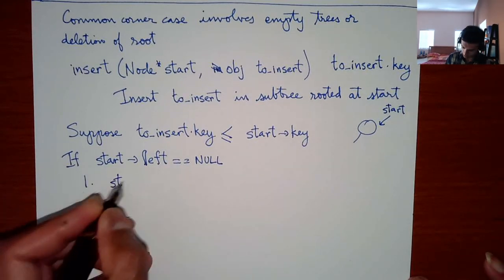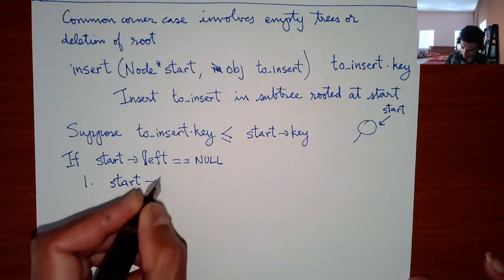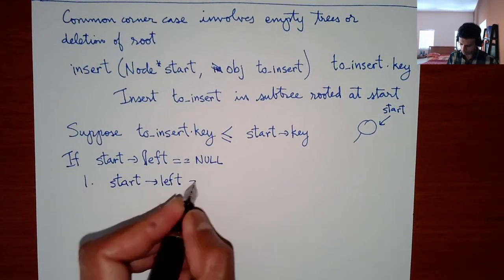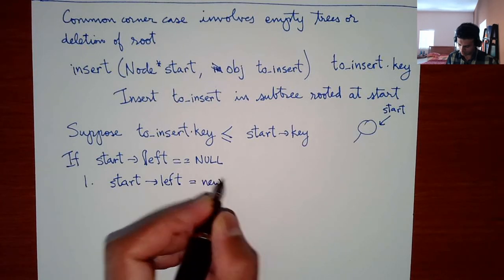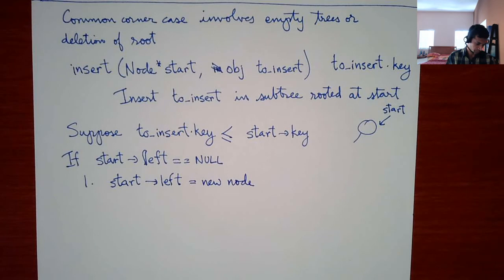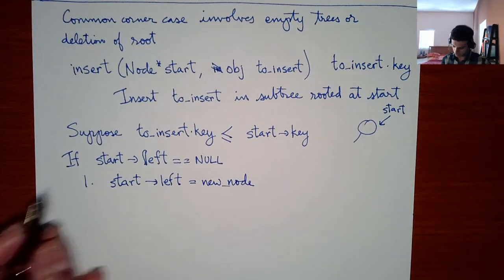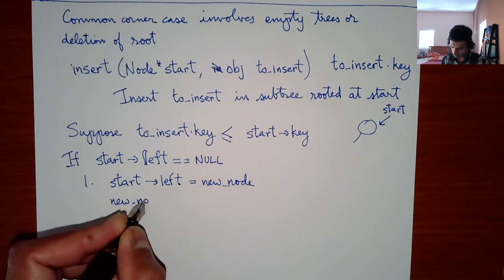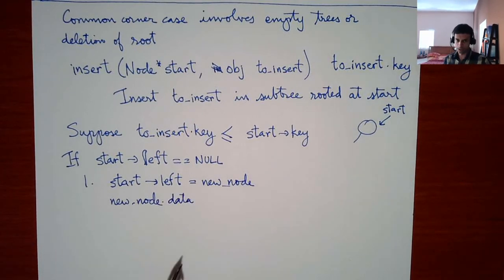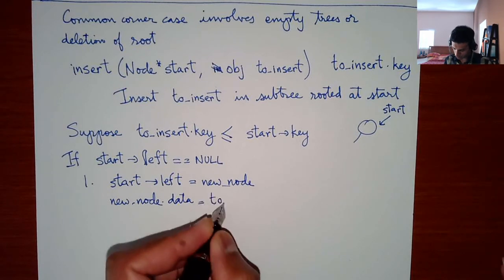We make start arrow left some new node. And then we'll make the new node dot data equal to whatever data we want to insert.